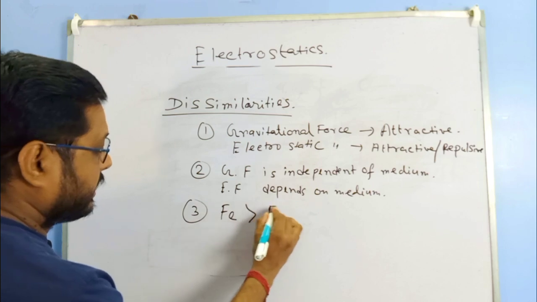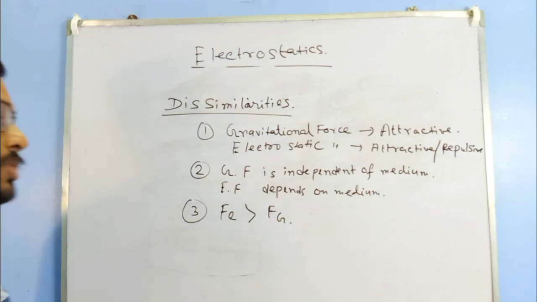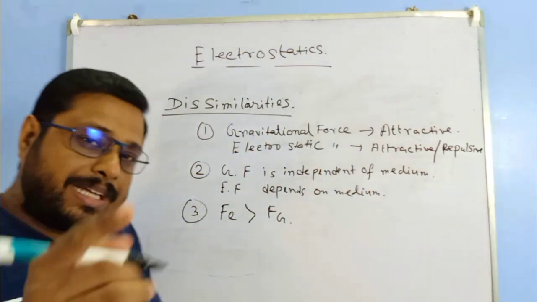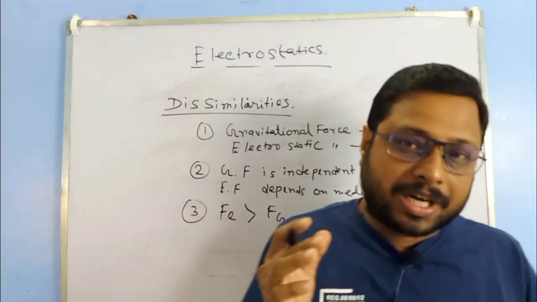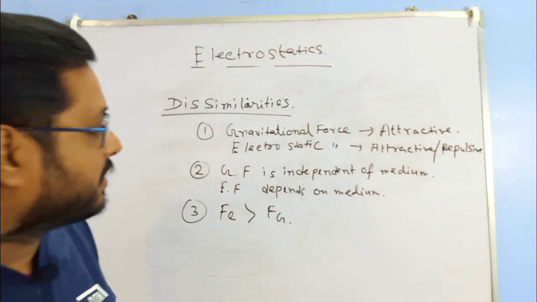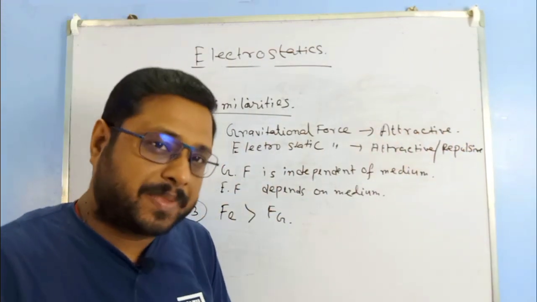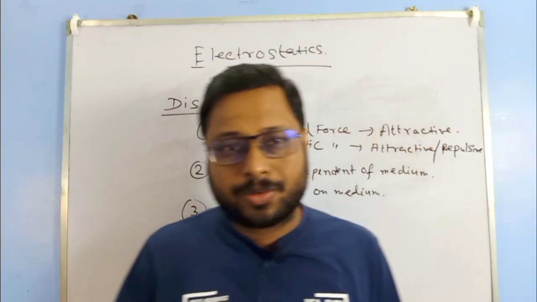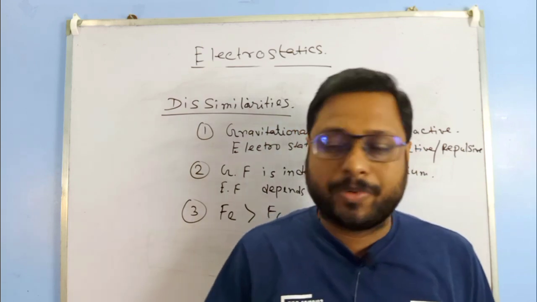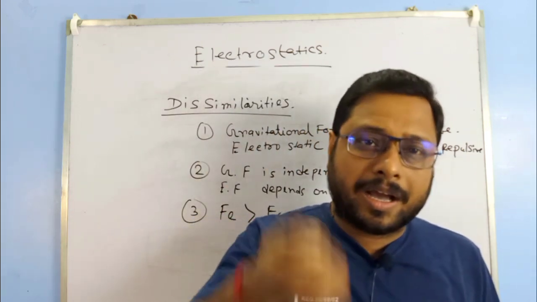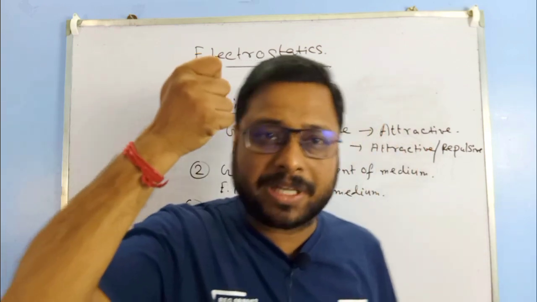Fe is greater than Fg, that is, electrostatic force is greater than gravitational force. I told you at the start of this video, how can you prove this? All of us rub our hair with a comb, and then if we take a piece of paper, we can easily lift the piece of paper with the comb.